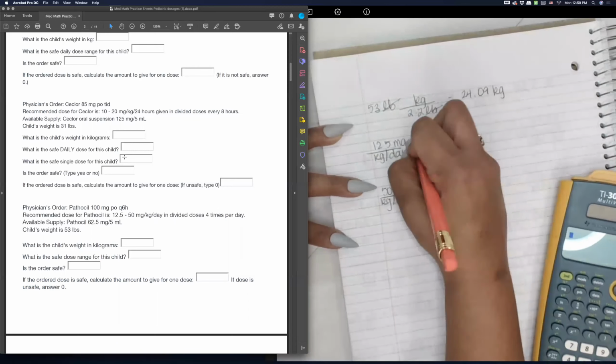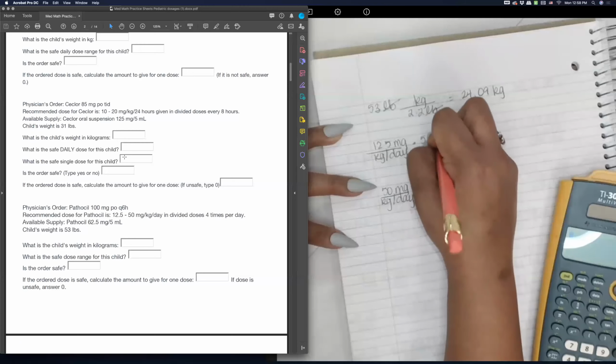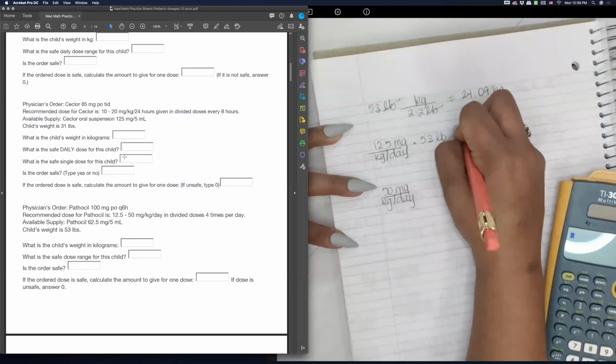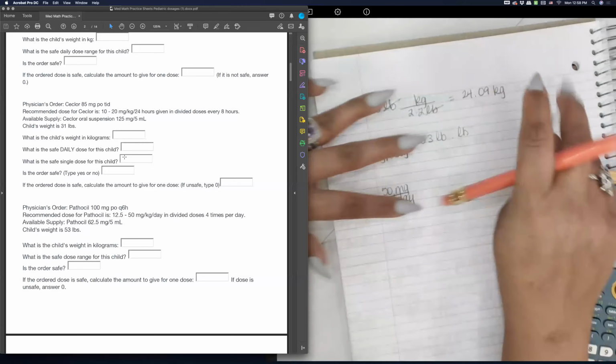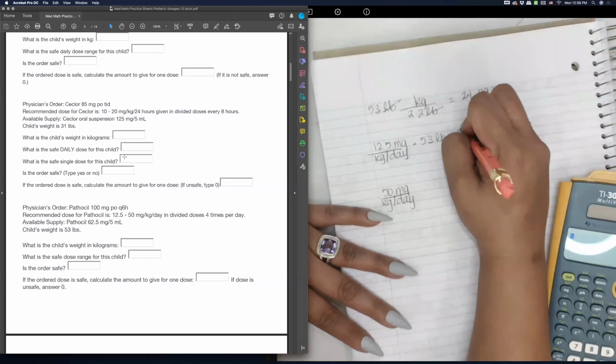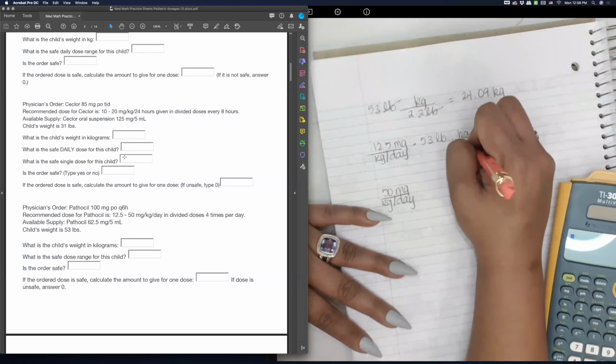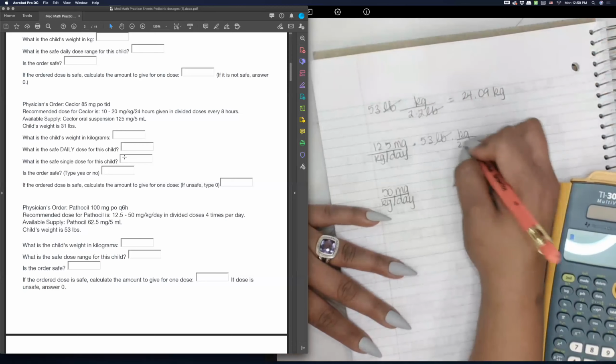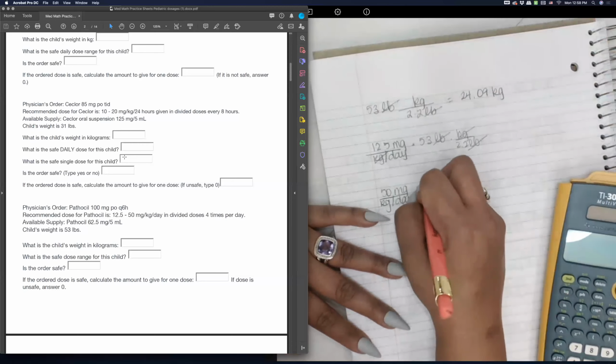We're going to set up our mass calculation. Pounds cancel, kilograms cancel.